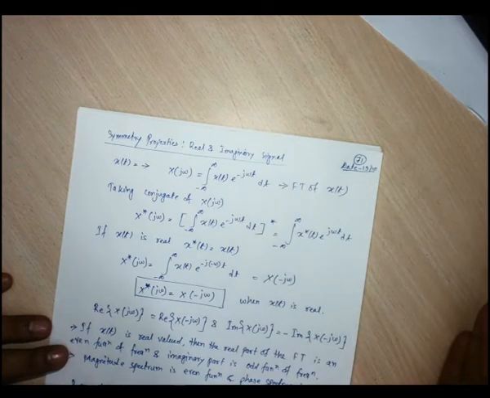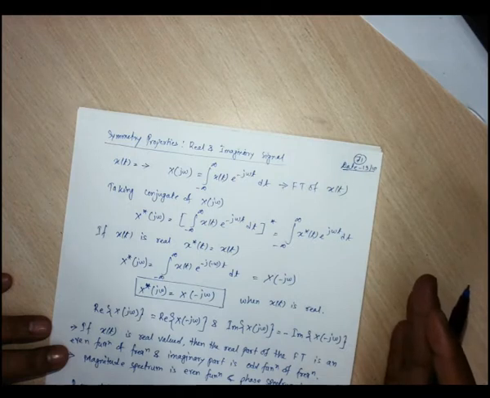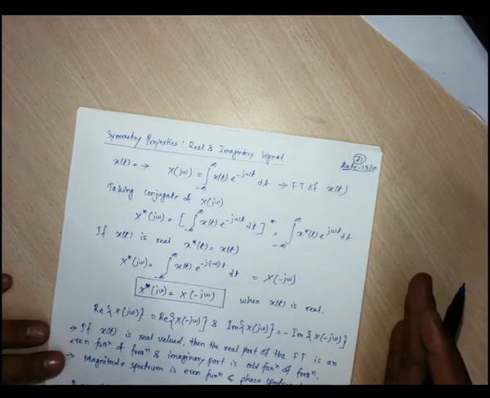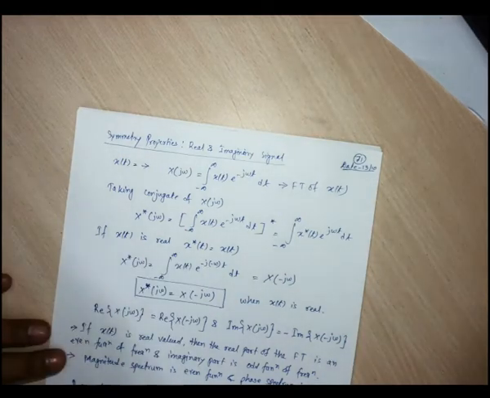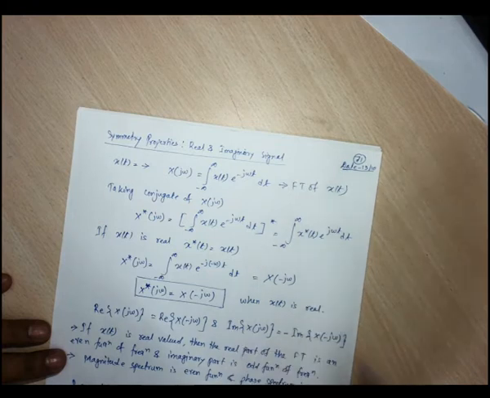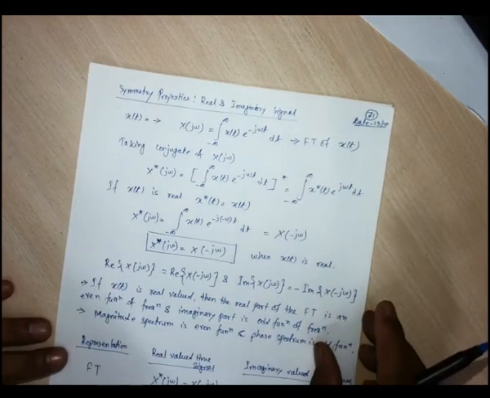If you take the conjugate of that Fourier transform, it will result in the transformation which exists on the left-hand side, and these two are the same, and it is only possible when x(t) is real.